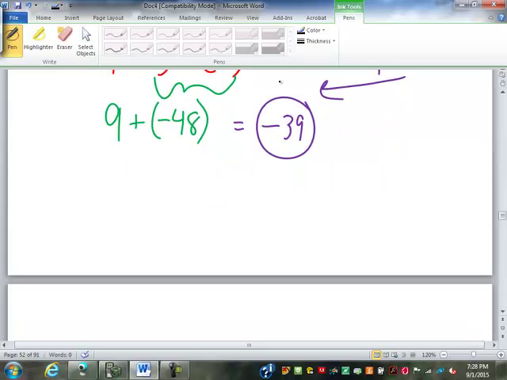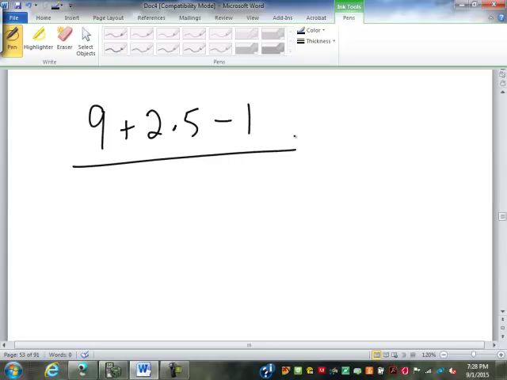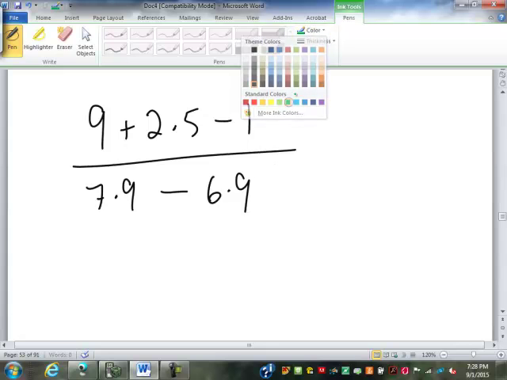Or you might have problems that are set up like this. So here, what would we have to do first?